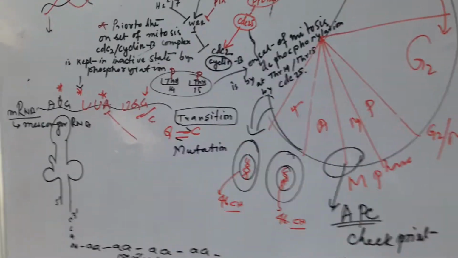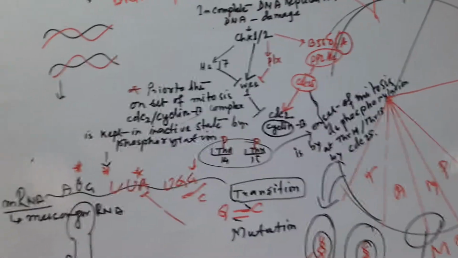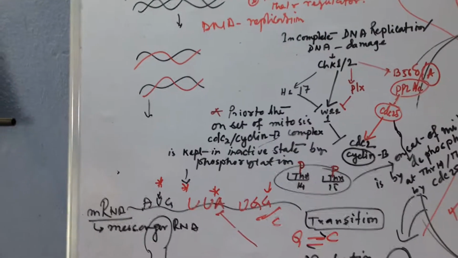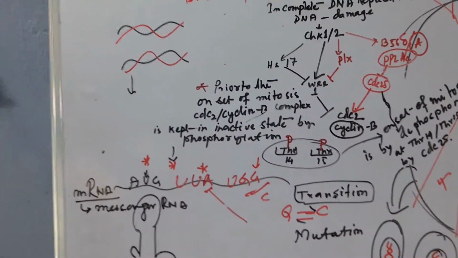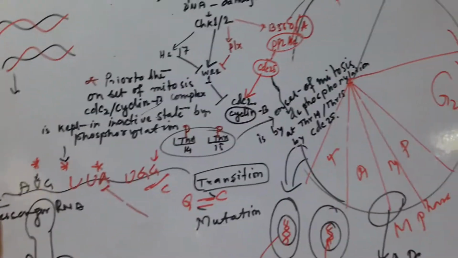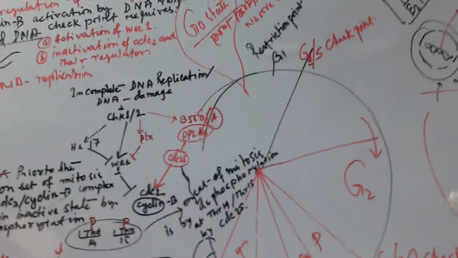In this case there is a regulation, because during DNA replication and then mRNA formation, there are several chances that your DNA or the nucleotides get damaged. So if damage occurs, the cycle needs to be stopped at the checkpoint.